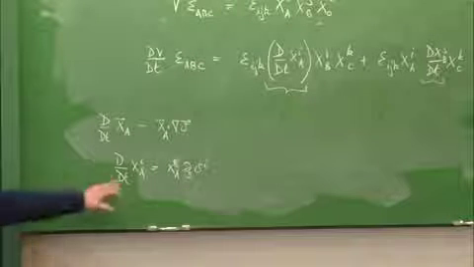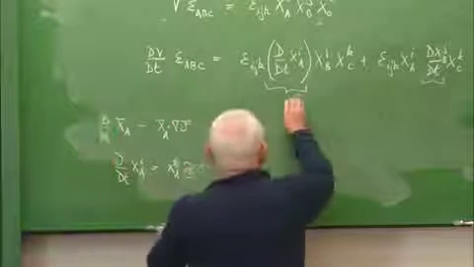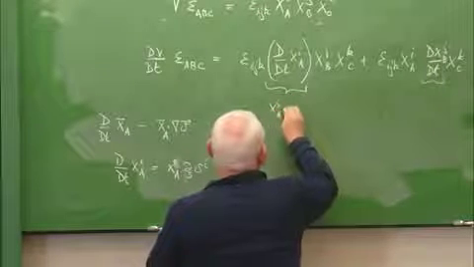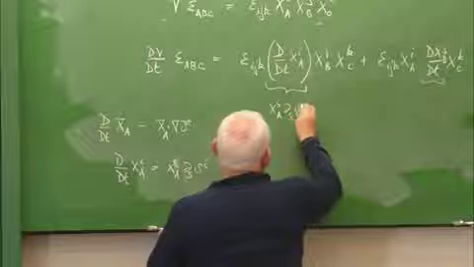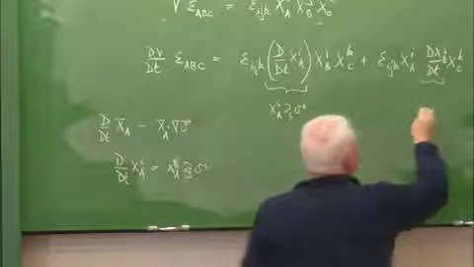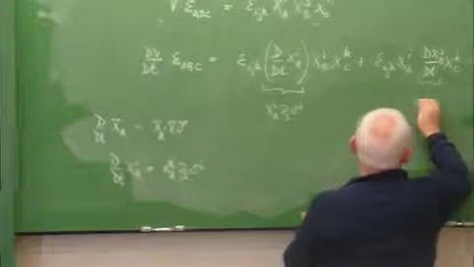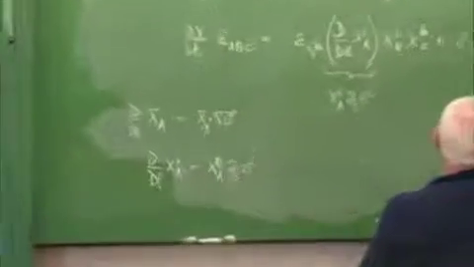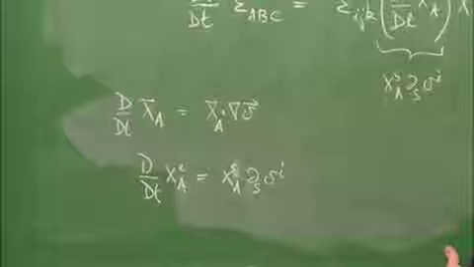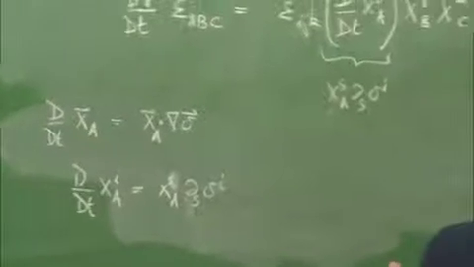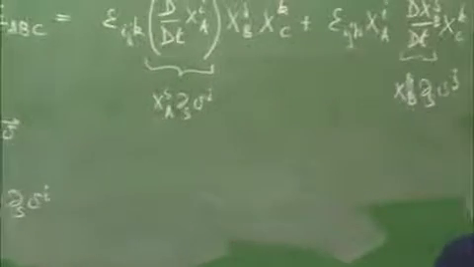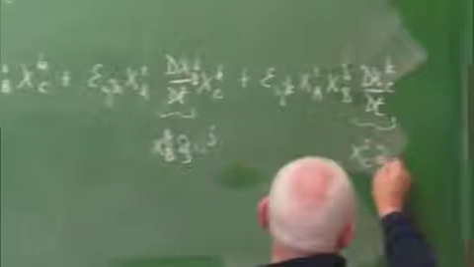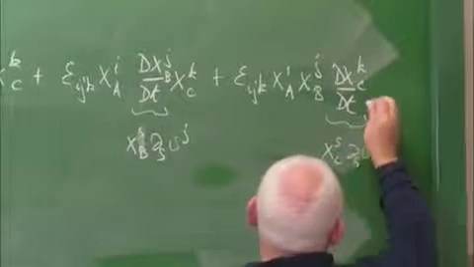Right, so this is what we now put into here. So this one over here is x_sA ds v_i. This one over here is x_sB partial s on v_j.